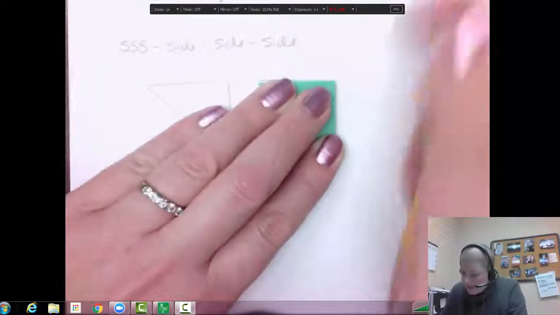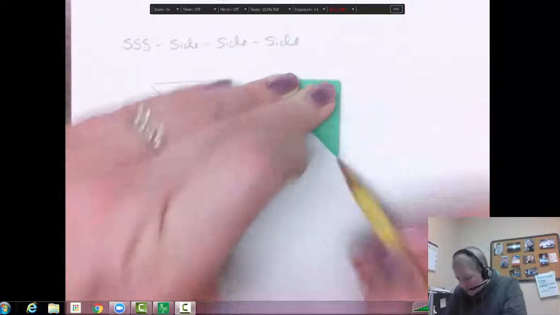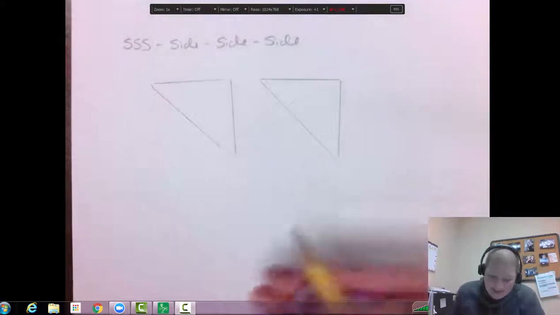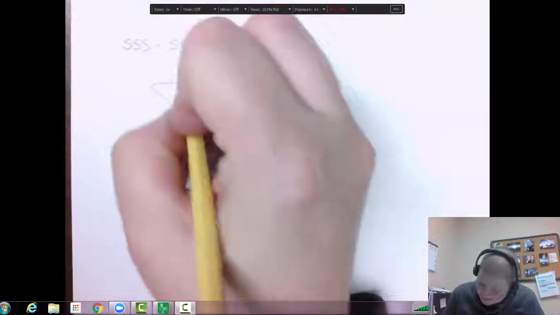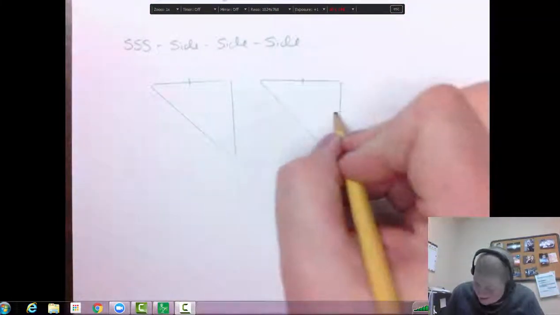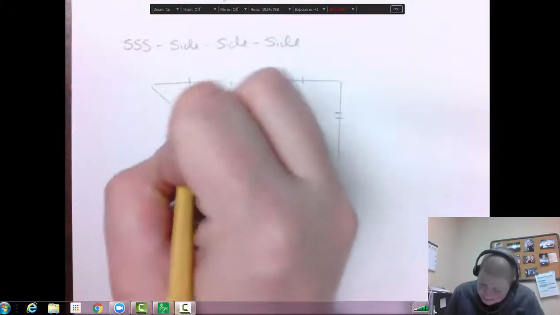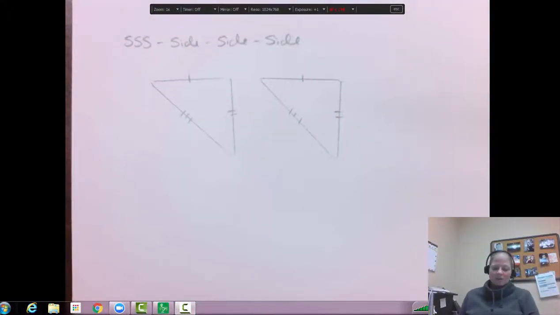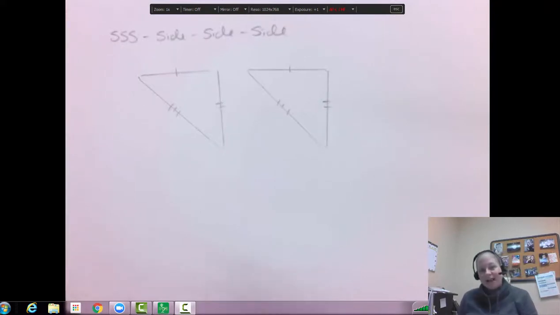I like them to be moved around and look a little different because that's the trick of finding these. So let's say that we know this side is congruent to this side, and this side is congruent to this side, and this one's congruent to this one. Then we can say these two triangles are congruent by side, side, side. So that's what the theorem looks like. So then the two triangles are congruent.